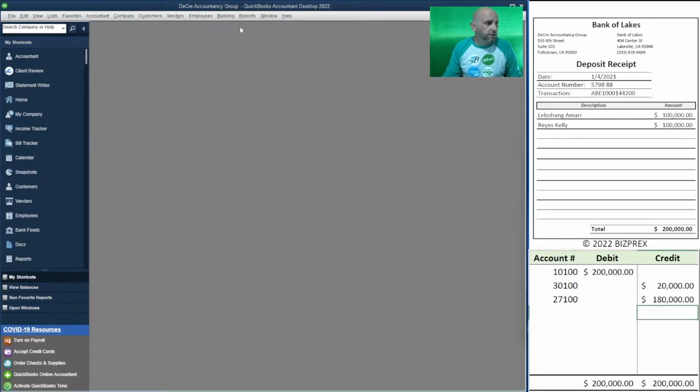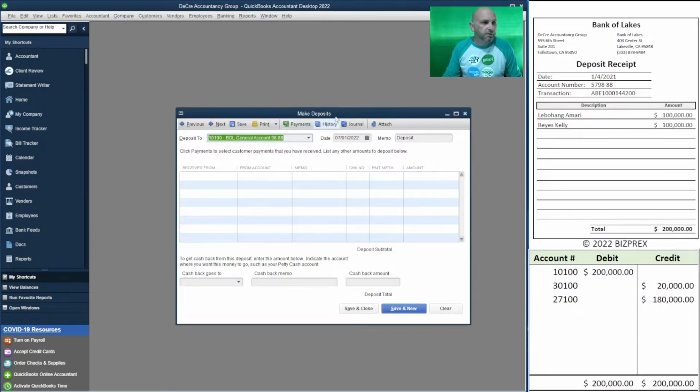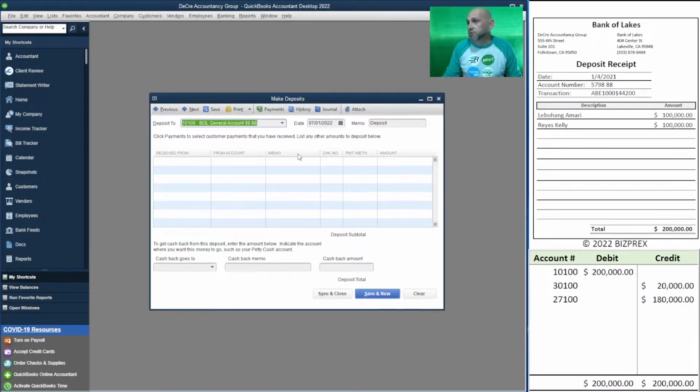So in this specific instance, again, we go to banking. It's been a while, right? Make deposits. Here it is. We're going to make sure that the date is correct, because even though all these transactions cover 2021, we're not in 2021 when we're filming it. So again, always double check the date. And again, we'll make this simulation more or less semi-live mode in this instance.